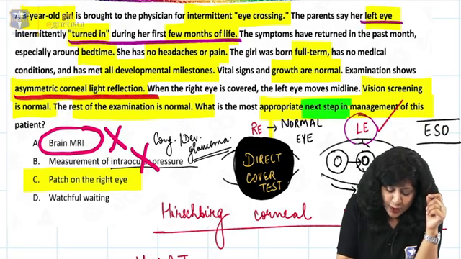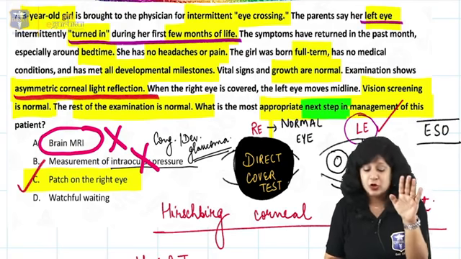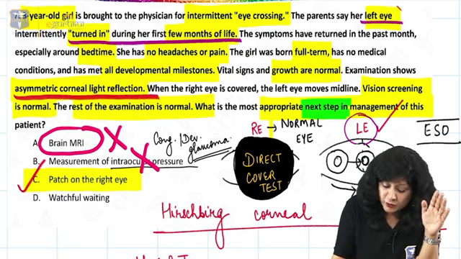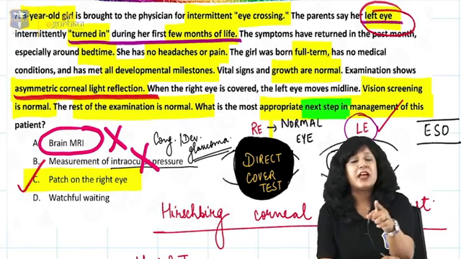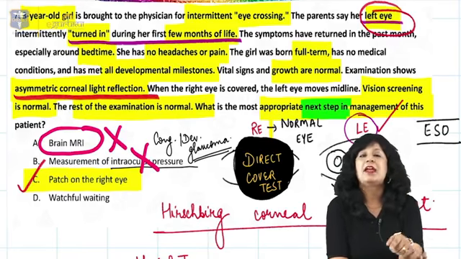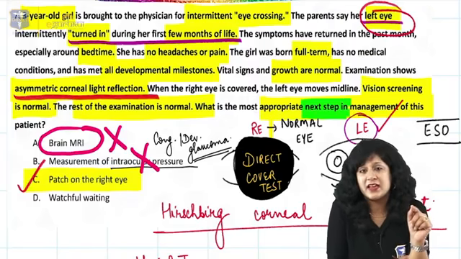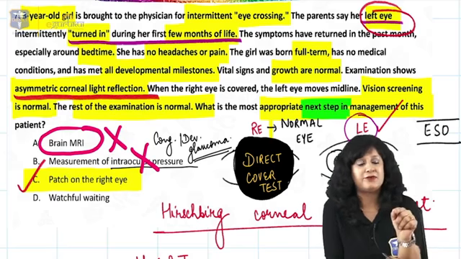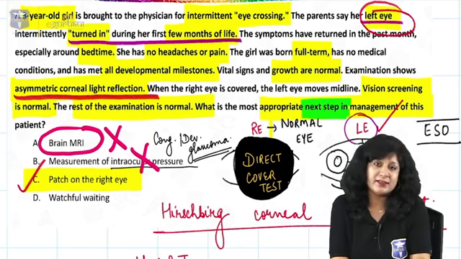With the help of patching on the right eye, I am covering the normal eye because it was the left eye that was showing a problem. Because the left eye was showing a problem, there is a propensity of the left eye going into amblyopia. So I am covering the right eye so that I can stimulate the left eye to see and improve the amblyopia in this patient.